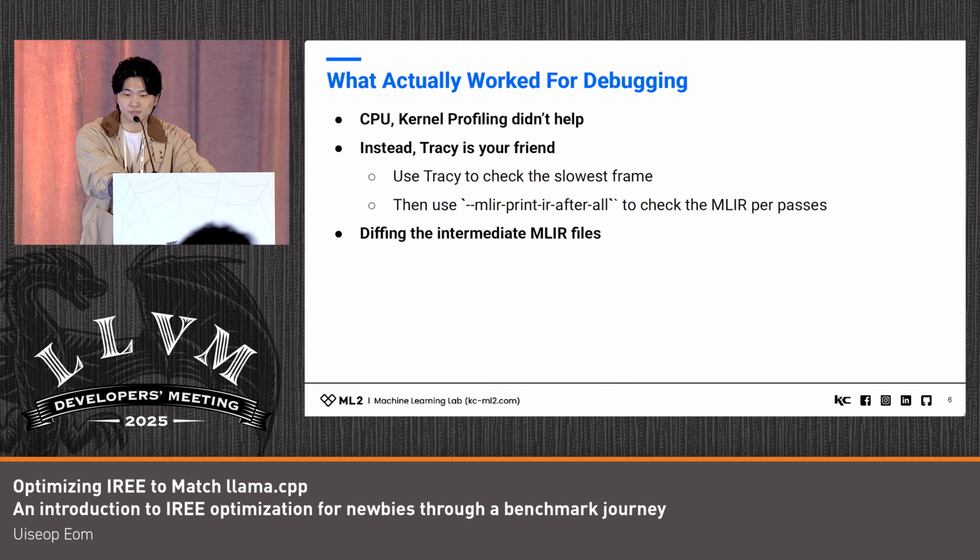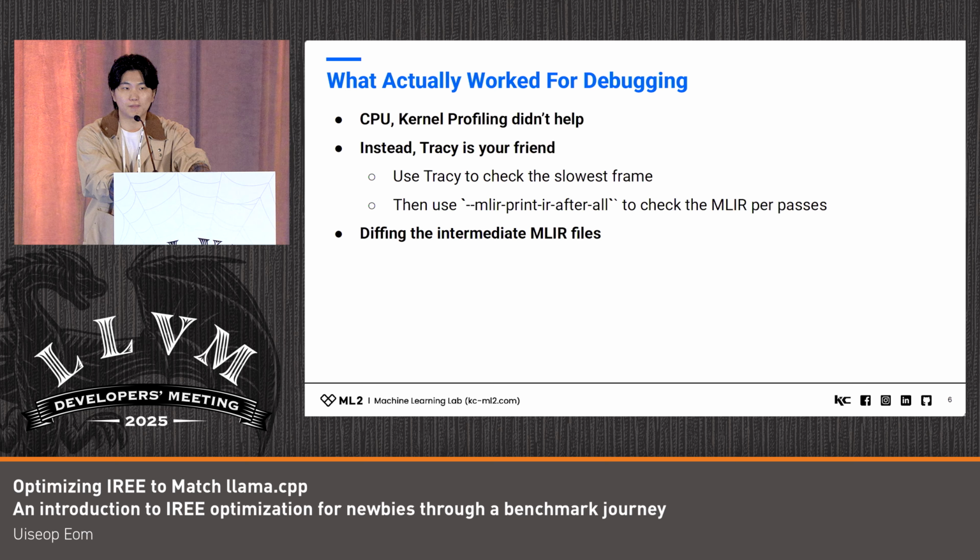Before that, we realized it took a lot of debugging into the MLIR stack inside IREE, and I realized that the CPU and kernel profiling didn't help much. Basically it was because the IREE project uses Python binding, and the C++ code stack is hidden behind the binding.